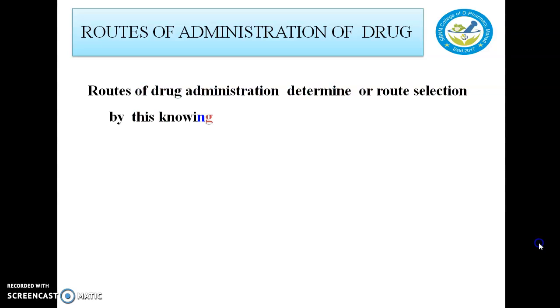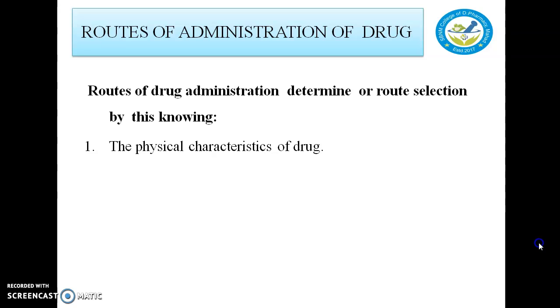Route of drug administration is determined by knowing, first of all, the physical character of the drug. Physical characters such as solubility, permeability or absorption rate can be important.